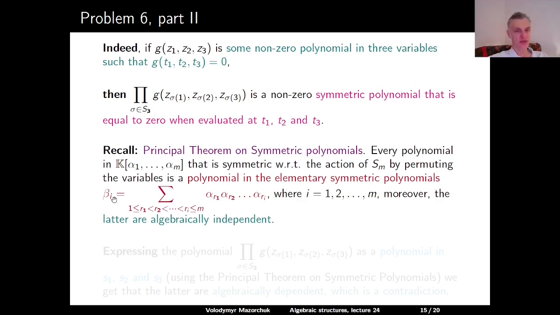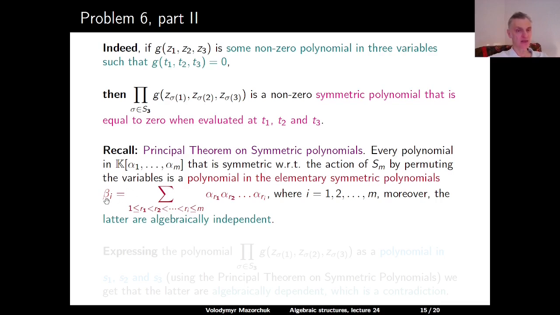We denote them by beta_i, where i is between 1 and m, and beta_i is defined as the sum of the products alpha_{r1} alpha_{r2} ... alpha_{ri}, where r1 is greater than or equal to 1 and smaller than r2, and so on, smaller than ri, which is less than or equal to m. We take the sum over all such r1, r2, ..., ri.